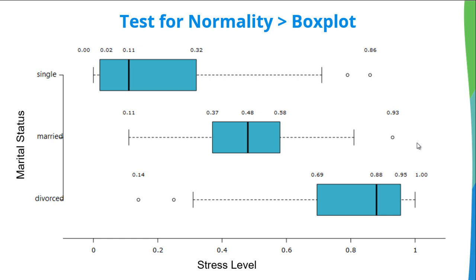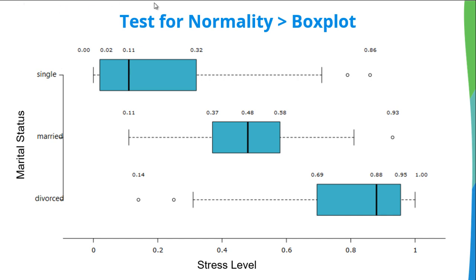So 50% of single has a stress level. It means that 50% of single have this stress level, about 0.3. What does that mean?